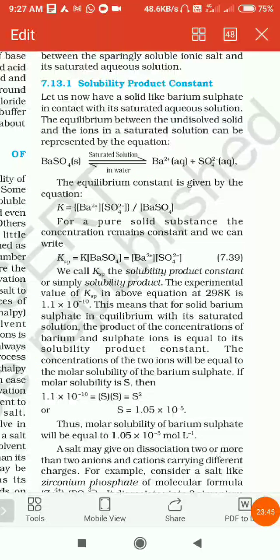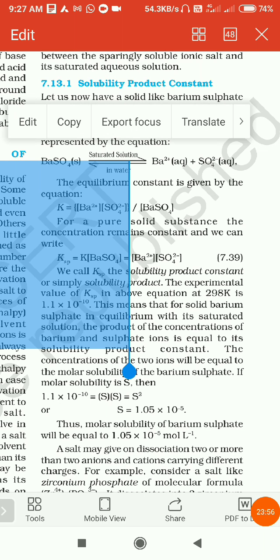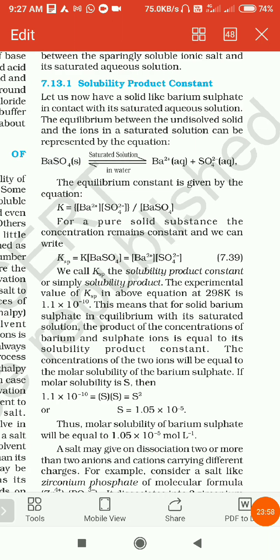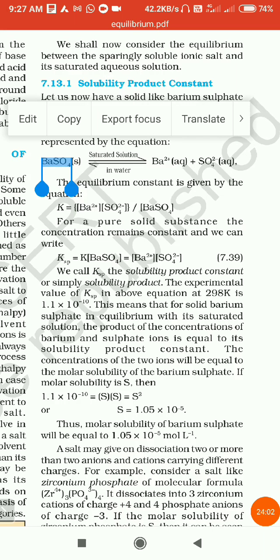This equation is a reversible reaction, which means an equilibrium state is present, with one solid substance and the other aqueous. This is a saturated solution.